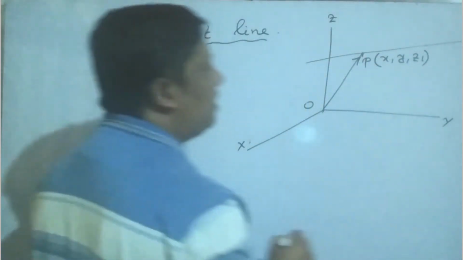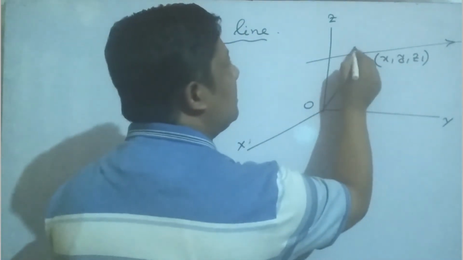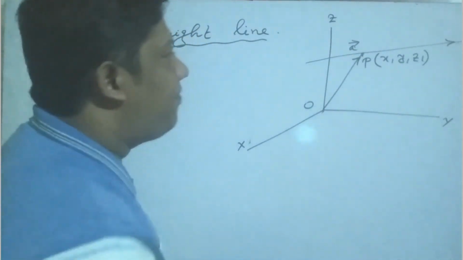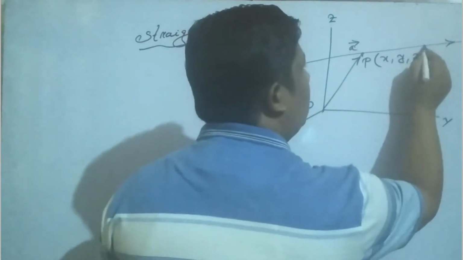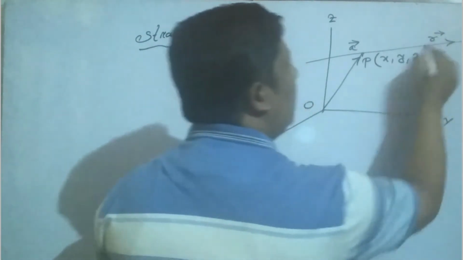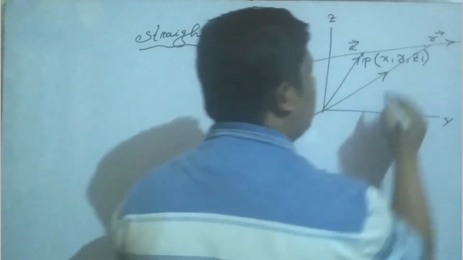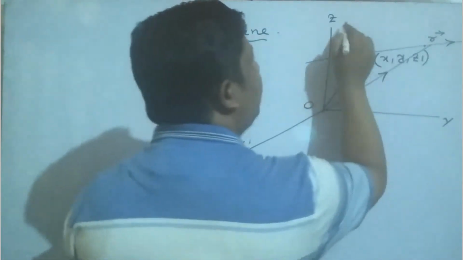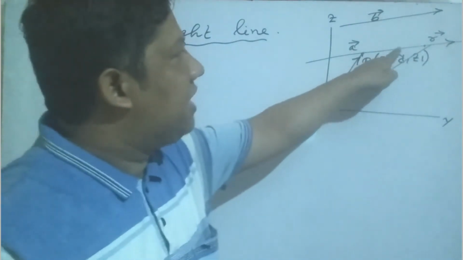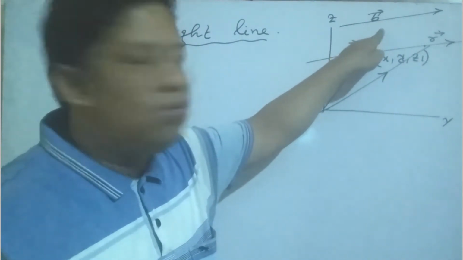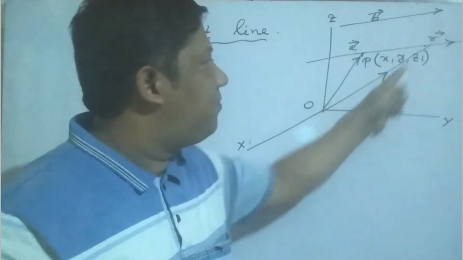Its position vector is a vector, and any vector on the line, R, is the arbitrary or variable point, and this line is parallel to another vector B. Okay, my students, suppose this line is parallel to this vector. You have to find the equation of this line.